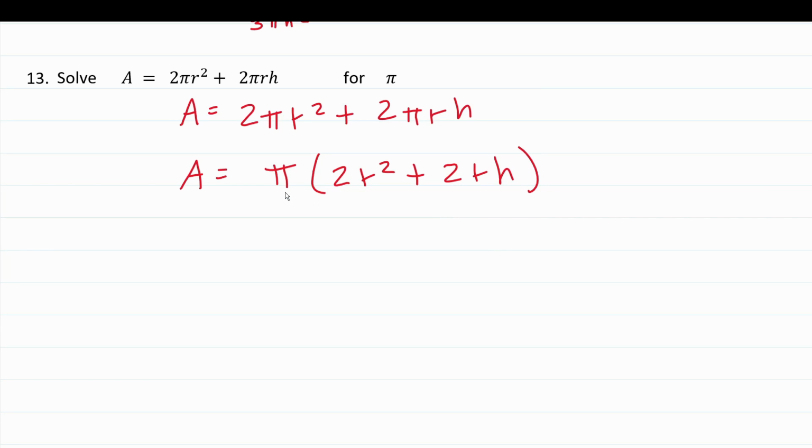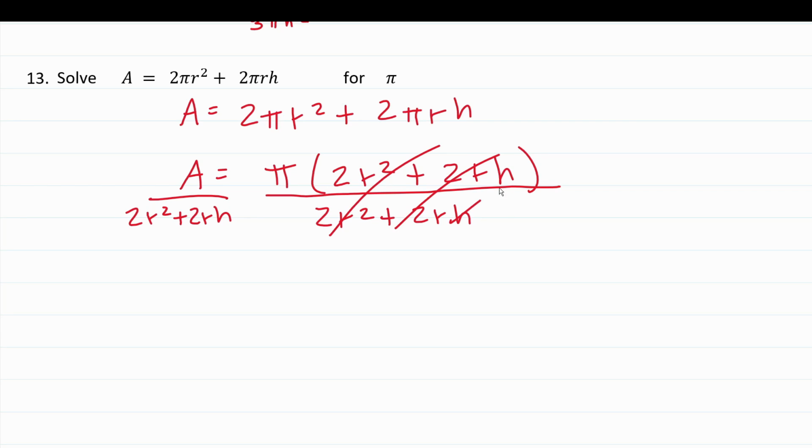And again, we're solving for just pi by itself. This says pi times 2r squared plus 2rh. So we're going to divide both sides by 2r squared plus 2rh. This crosses out here, leaving you with just pi on this side.